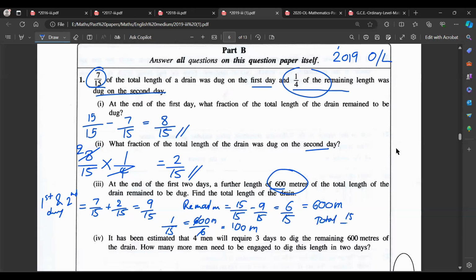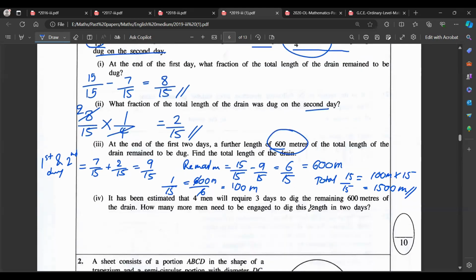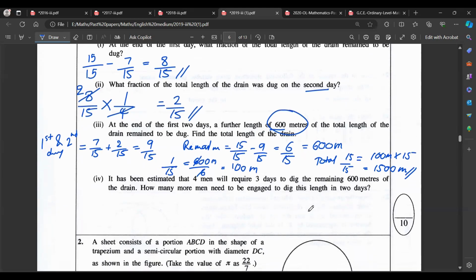Total should be 15 over 15. Total, there should be 15 parts. Altogether, 1500 meters. 1 kilometer and 500 meters, no? The total should be 1500 meters.